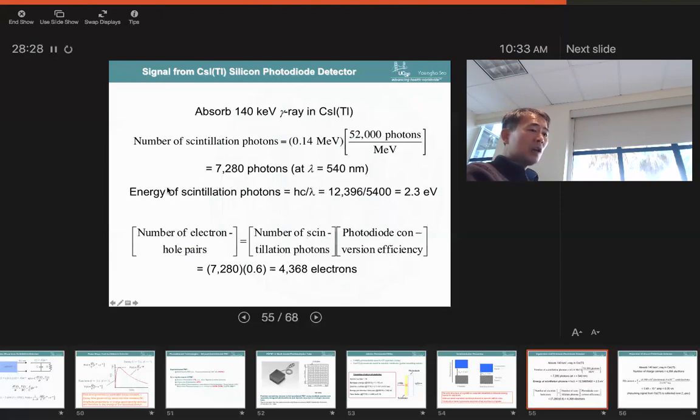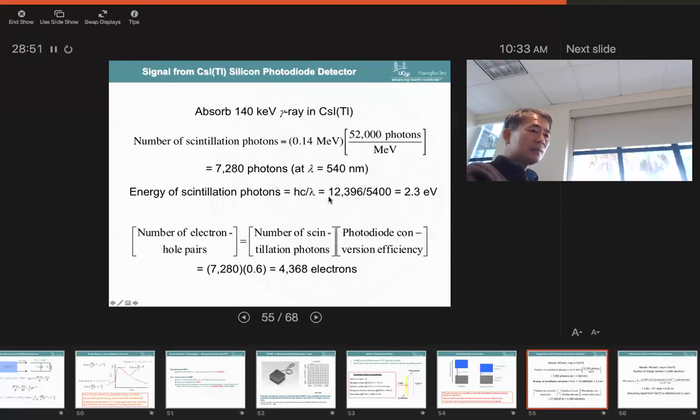So we want to calculate the total energy of all these scintillation photons, knowing the wavelength of the scintillation photons coming out of cesium iodide. That means if you have a different type of scintillator, this equation will be different. You just have to know the wavelength or frequency coming out of a scintillator.